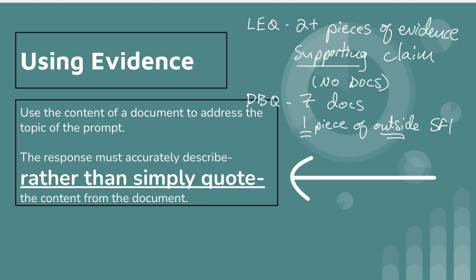So like if you have a document by Christopher Columbus and he's talking about the Native Americans, you can't say, oh yeah, Christopher Columbus was a conquistador from Spain. That's not outside evidence. That's directly named in the document. So you're going to have to give something broader beyond that, like, oh, the Treaty of Tordesillas and so on and so on.